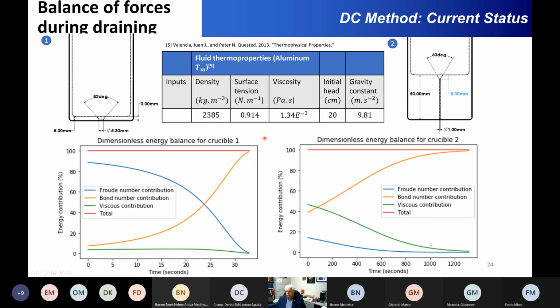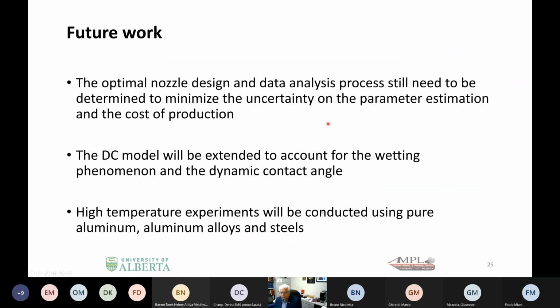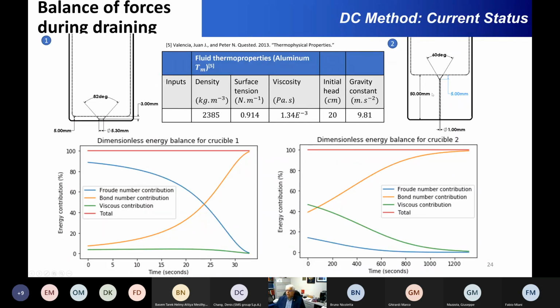And here you see the viscous forces, they start off low, but they go up and they're a little over 40%. So by changing the orifice design, one can improve the sensitivity of the method towards being able to get the right balance of forces and more accurate values of surface tension, density, and viscosity.